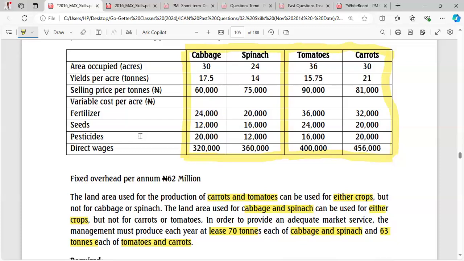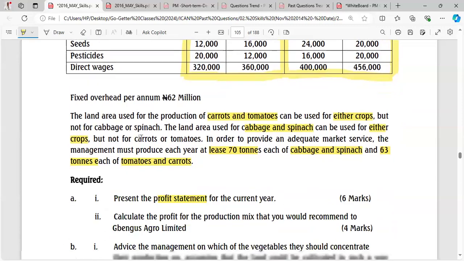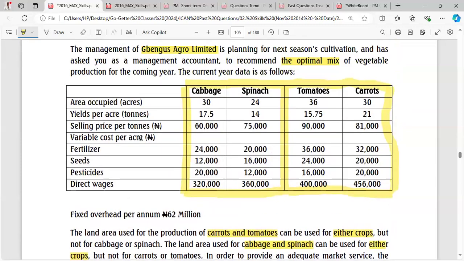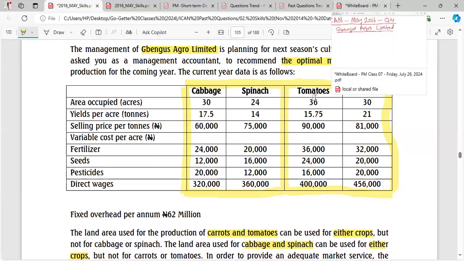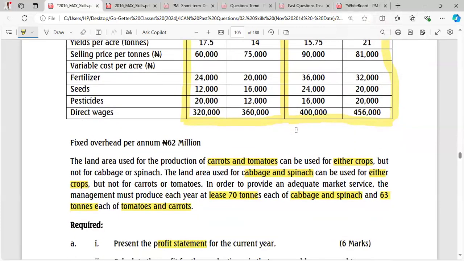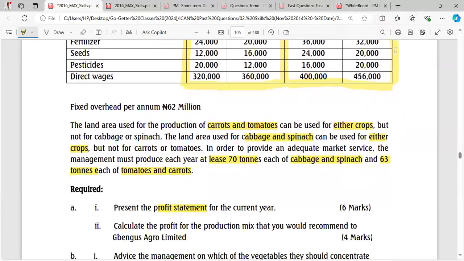After getting the contribution, we will remove our fixed costs, and that will give us the profit. When we prepare this, that's our profit statement. So let's start right away. The A part is asking us for the profit statement for the current year.